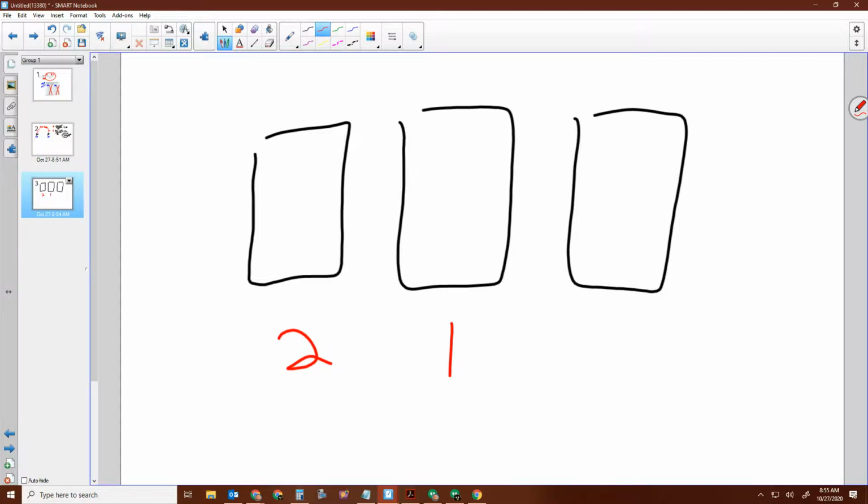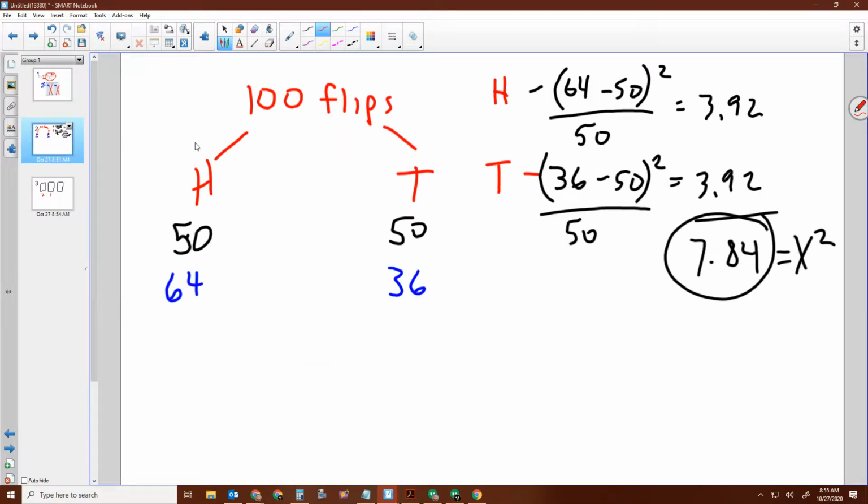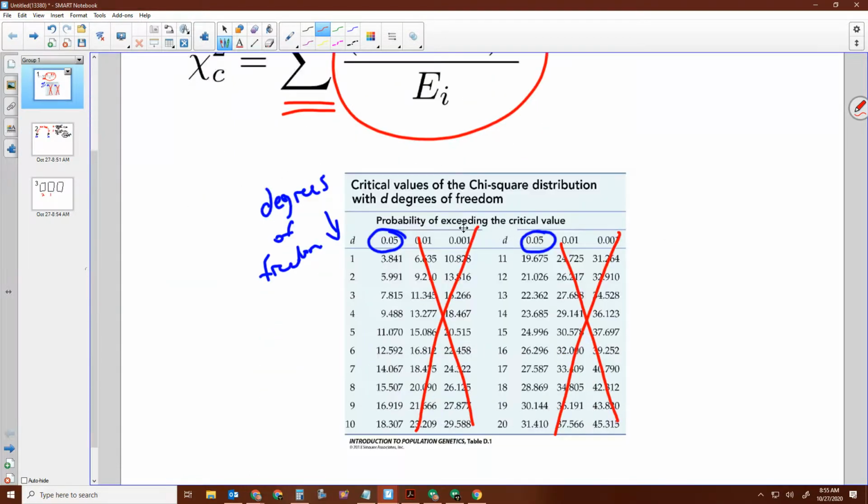They do not have freedom of choice, right? And so how many free choices are made if there are three things? 2. The degrees of freedom are always one less than the number of items that you were solving for. And so in this case, we solved for 2 things, heads and tails, right? And so the degrees of freedom is 1.